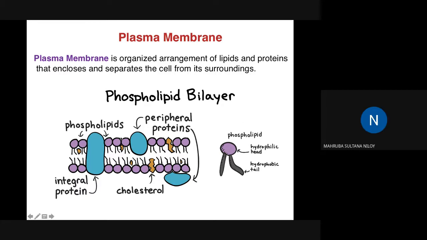Okay. Another thing we can see from the figure is protein, right? Two types of protein we are seeing here. First one, integral protein, and another is peripheral. So why is its name integral?